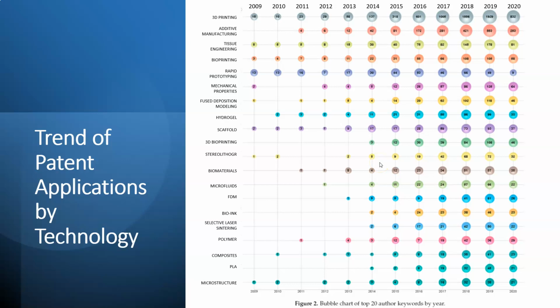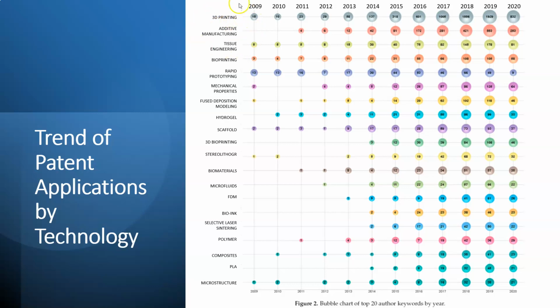Now, if we want to break down that B33Y subclass for patents into specific types of technology, then we could look at this chart. So in this chart on the y-axis across here, we have the different types of, I don't want to say the different types of patents, but the different technology that the patents are addressing. Okay.